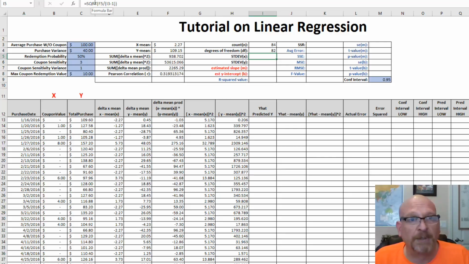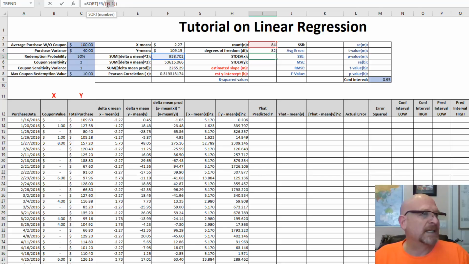And if you look at the formula up here, it is the square root of F5, which is the sum of the delta x mean squared, divided by I3, which is the number of rows, minus 1.